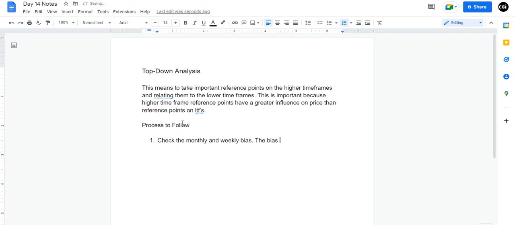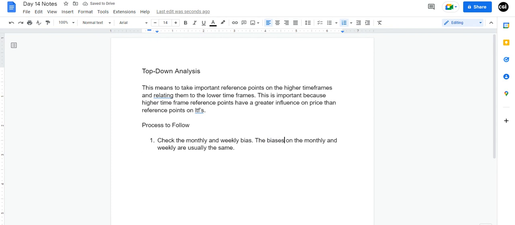The biases on the monthly and weekly are usually the same.